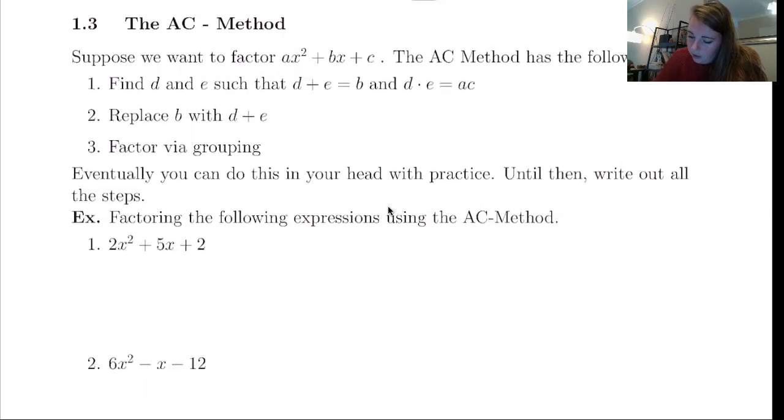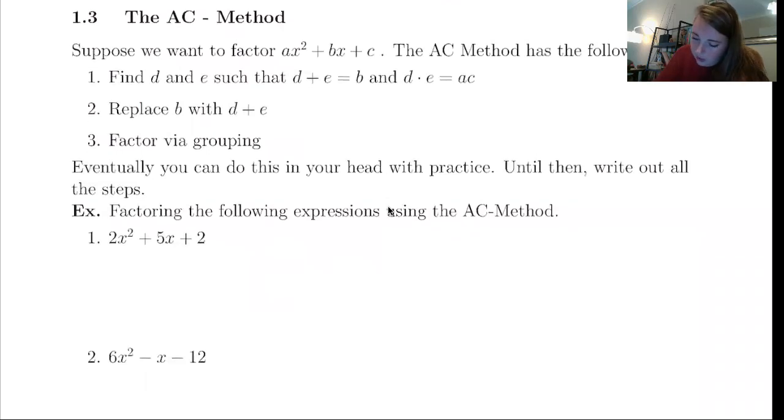So how it works is if I want to factor ax squared plus bx plus c. We're used to saying something x squared plus something x plus some number. So a, b, and c here are just numbers, okay? The AC method follows these 2 steps.